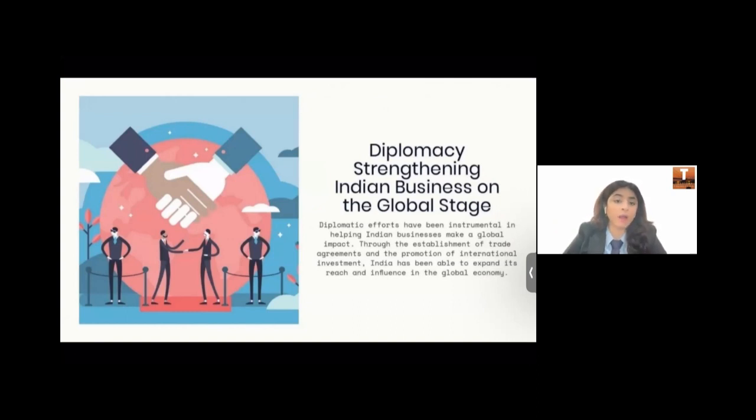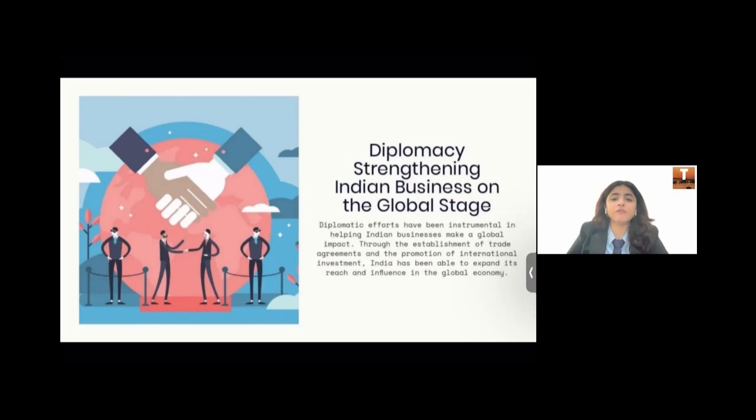Number one would be market access and trade agreements. Diplomatic efforts facilitate negotiations and trade agreements that try to improve market access for Indian businesses. Bilateral and multilateral agreements help reduce trade barriers, tariffs and non-tariff barriers, by creating a more conducive environment for Indian companies to export their goods and services.